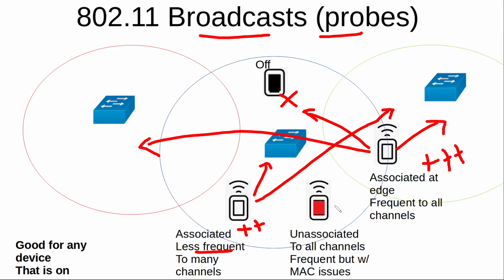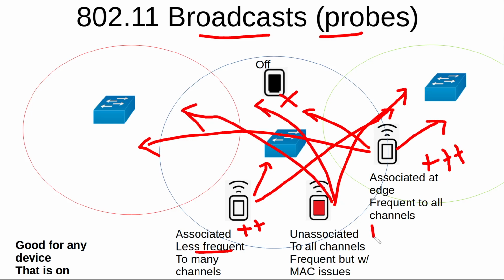Your unassociated devices will also send probes to different channels, which is good behavior in order to provide location, but it has the downside that these probes are usually sent with a different MAC address in order to provide privacy. This is known as a locally administered MAC address. So in summary, using broadcast to provide location is good for all the devices that are on.